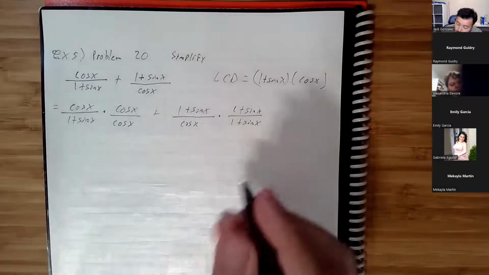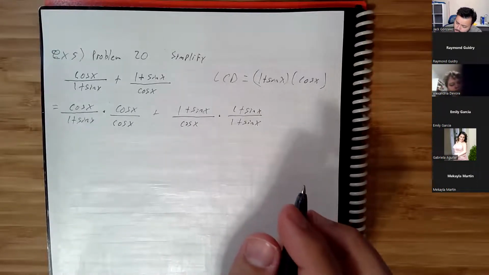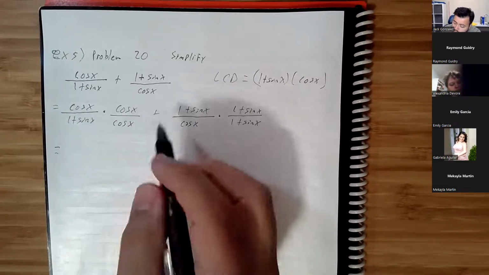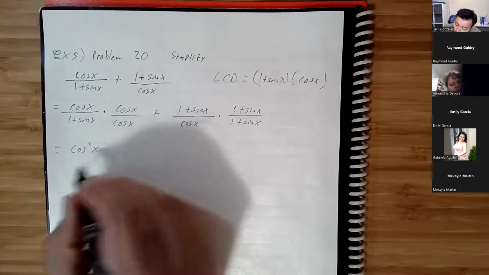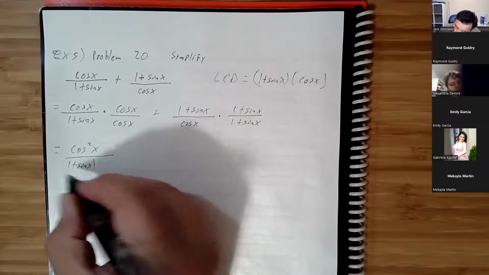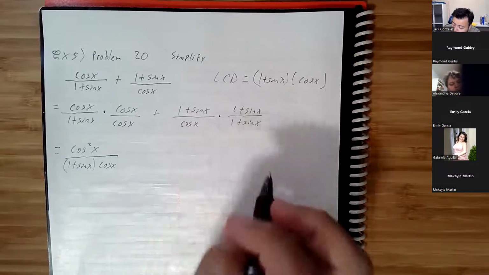I don't recommend that you multiply the denominators right away. The top part though, go ahead, because it's possible that something will cancel once you apply an identity.